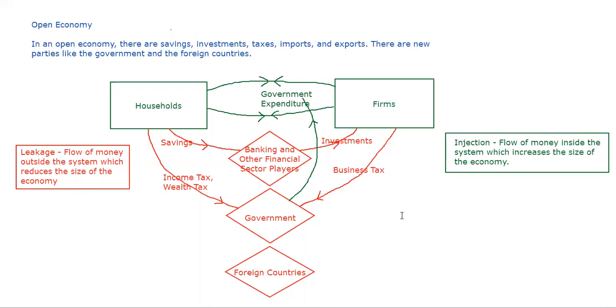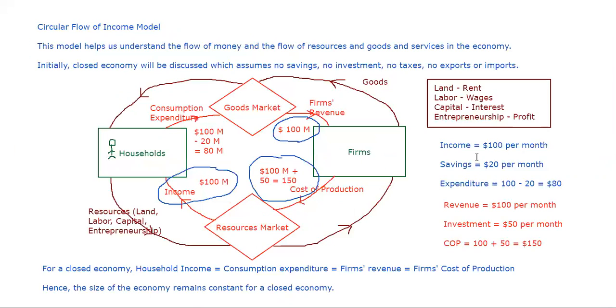Okay. So what do taxes do? Again, going back to the example of the individual, focus on this particular example. The income is $100 per month. Now assume there is no saving and assume there is a tax now.